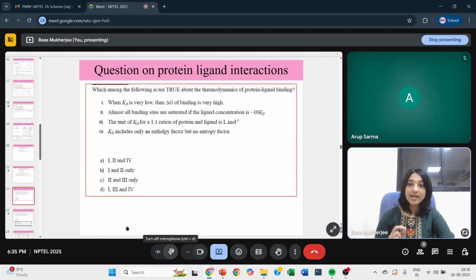Three: the unit of KD for a 1:1 protein and ligand is liters per mole. Four: KD includes only an enthalpy factor but no entropy factor. So which is true? That is what they're asking.